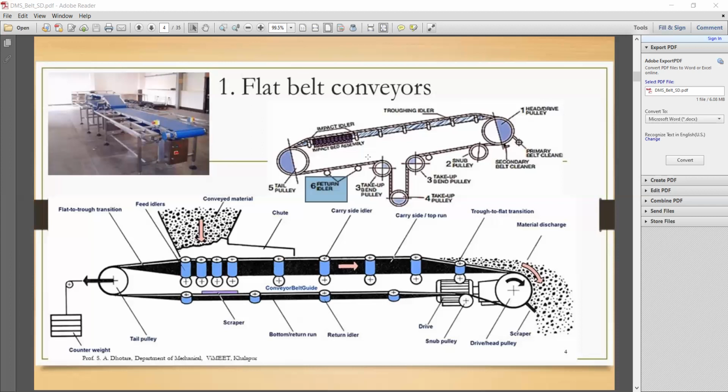Again, flat conveyors cannot be used at elevated or varying temperatures. As the temperature varies, there is a possibility of change in belt tension, or the strength of the belt can vary.